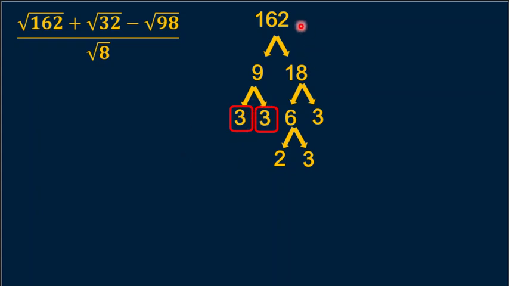When you represent the numbers in their prime factors form, and you see a number that appears twice or more, you rewrite them as powers of 2. So we have two 3's, which we represent as 3 squared. We have another two 3's, which we represent as another 3 squared, and then this is just 2.